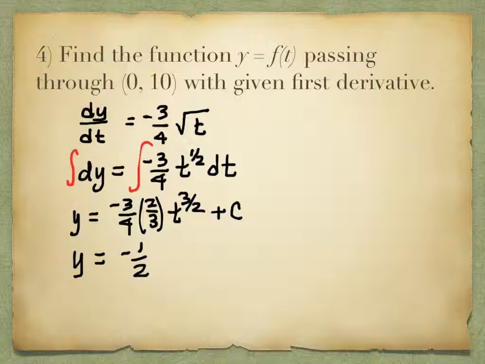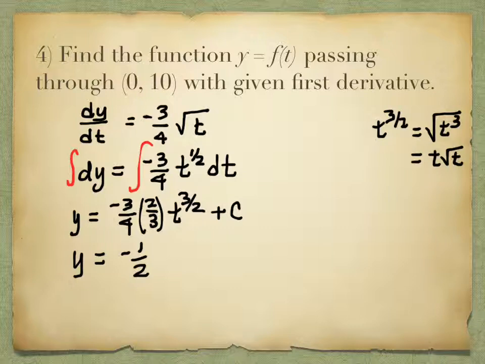What is t to the 3/2? Say that again, Taylor? Well, you don't do that. How about we write it as the square root of t cubed? And because it's going to be nice in a minute potentially to do so, you could also recognize that it's t square root of t. Either of those would be fine.